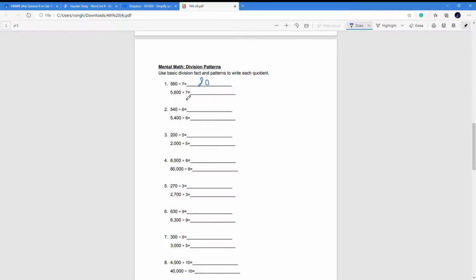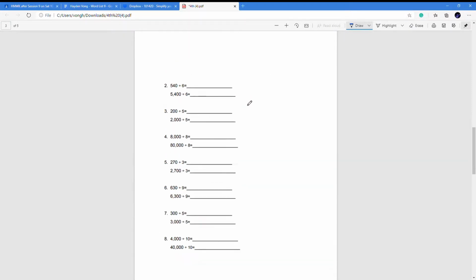And 56 divided by 7, we know it's 8, you have 2 zeros, and then you put 2 zeros there. So you just have to memorize the divisions, like 16 divided by 4, or 32 divided by 4. Just remember 1 through 12. If you memorize 1 through 12, you should be fine.